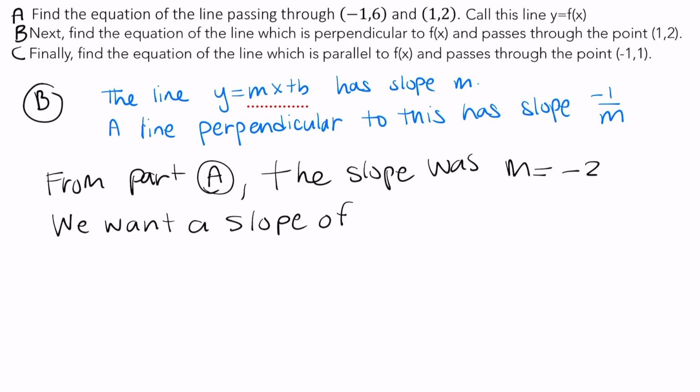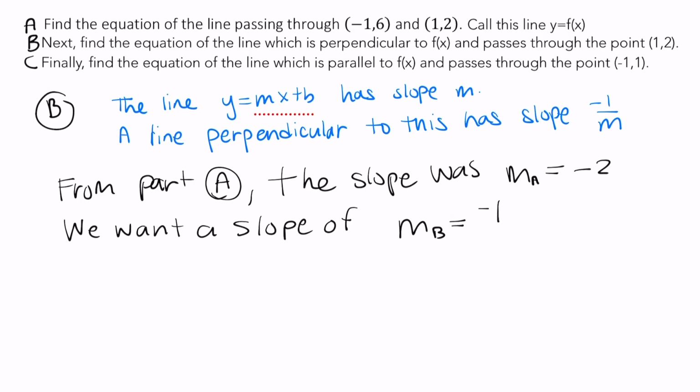I'll call this one, mostly because I don't want to have more than one m, m with a subscript of a. I now want a slope of m subscript of b. So what is the opposite reciprocal slope to negative 2? You want to take whatever's here, in our case, I'm going to write this as negative 1 over m_a.